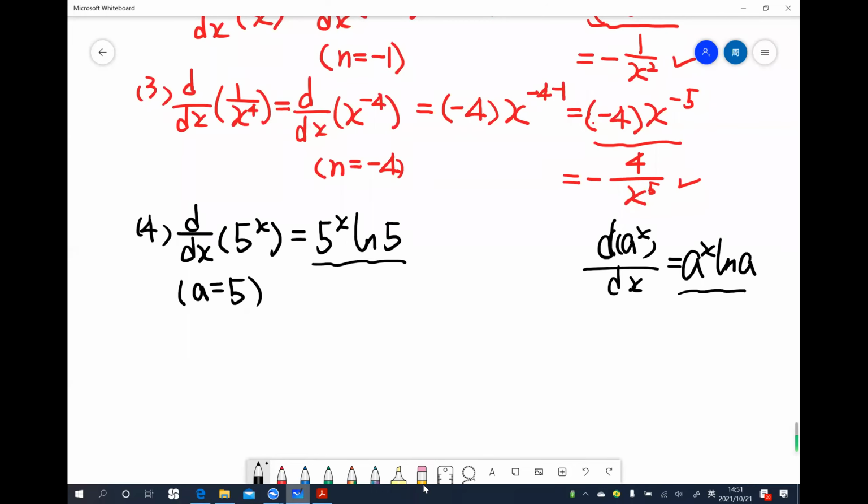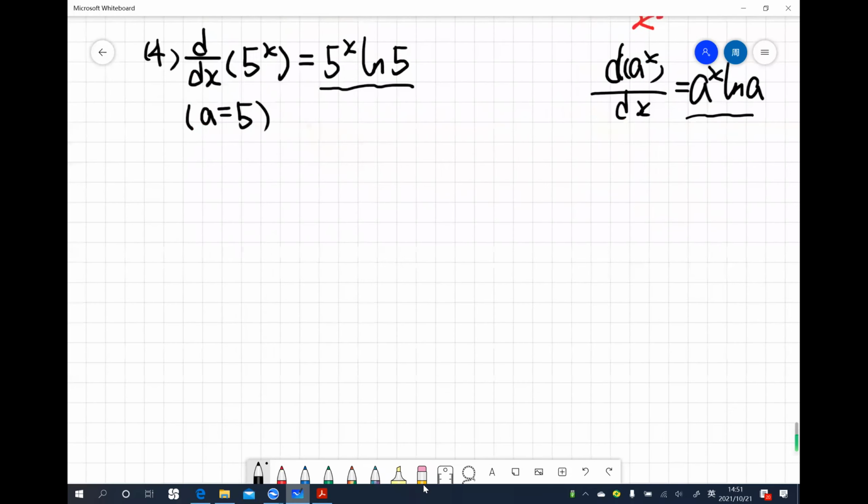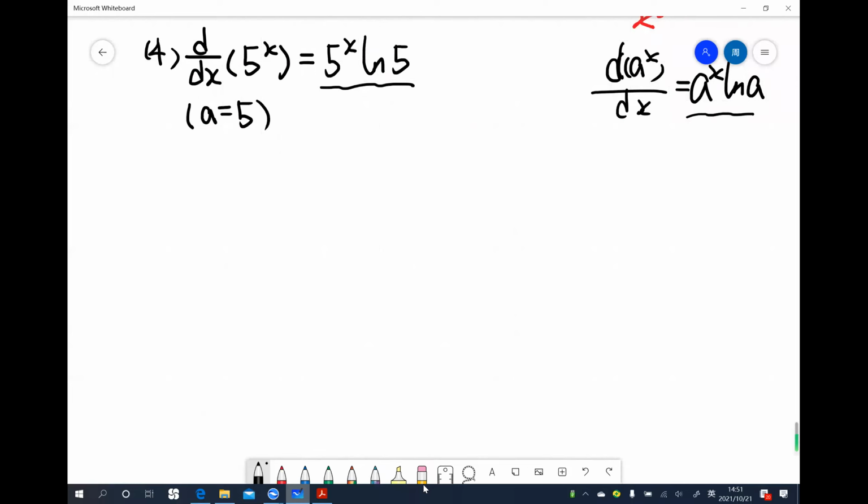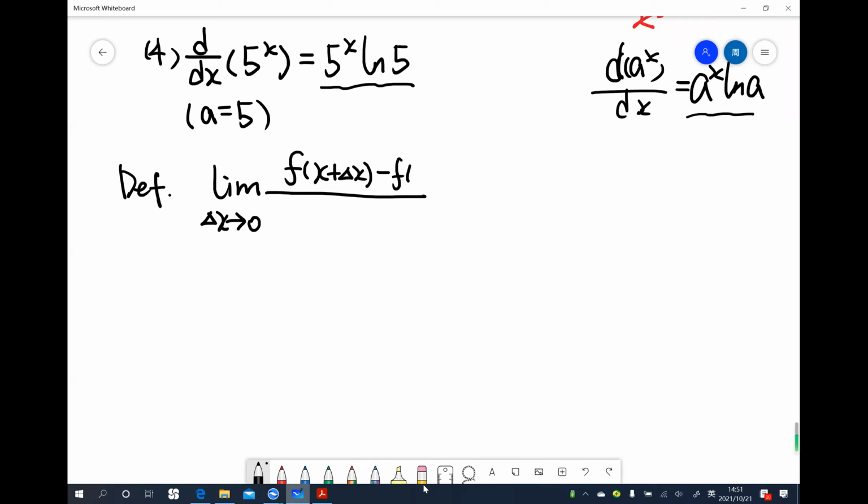Okay. So here, from the definition, we know that the derivative is a limit, and the expression for the limit is delta x approaches 0, f of x plus delta x minus f of x, divided by delta x.